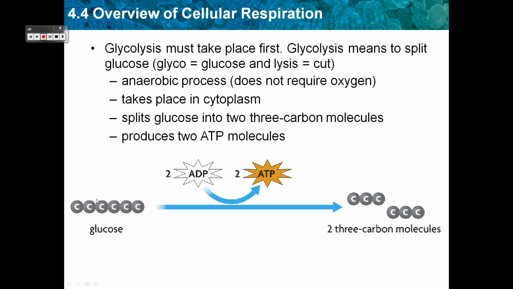In the process of splitting this glucose, which has quite a bit of energy in the bonds between the carbons, we produce 2 ATP. So we change ADP to ATP. Remember that cycle of ATP to ADP and back again? We're on the back side of that cycle. So this process of glycolysis, splitting glucose into 2 3 carbon molecules, creates 2 ATP from 2 ADP.